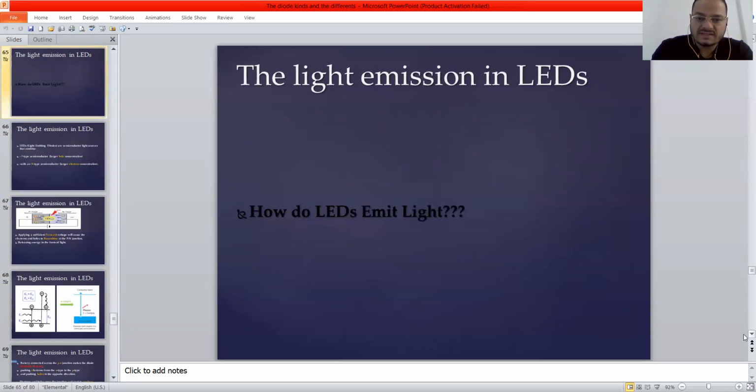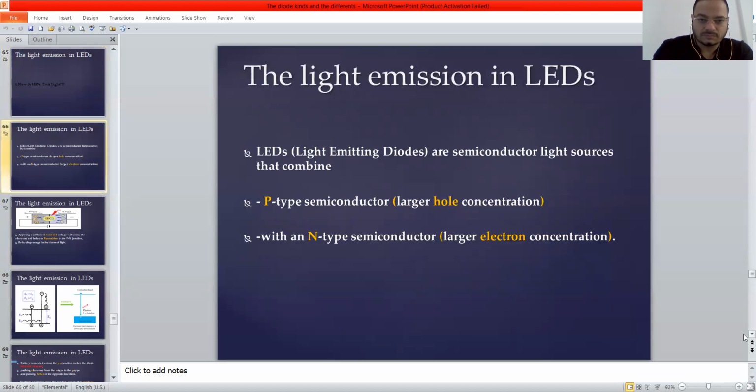How do LEDs emit light? Actually, here we focus on recombination. The electrons and holes, the majority carriers on both sides, recombine in the depletion region, and by that it can emit light.